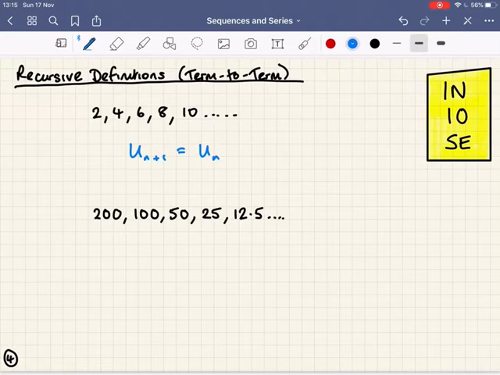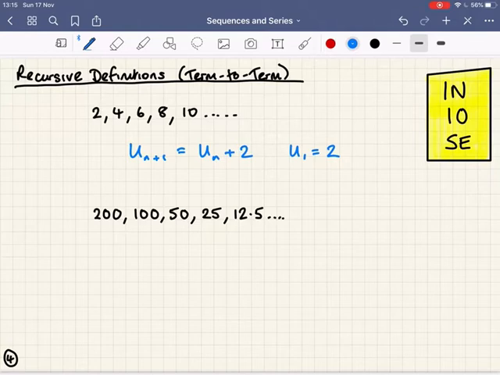The relationship between un and un+1 is they're next to each other. And that tells me this is a sequence that goes up by 2 every time. However, it's a little bit useless unless I know what my first term is. So u1 is equal to 2. Now I've got enough information to build up this sequence from the start.